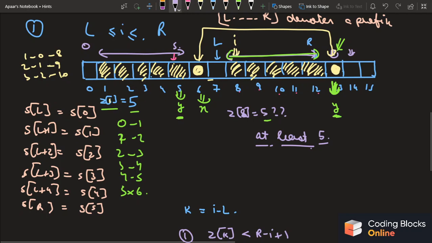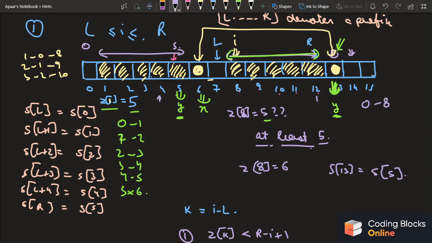How can it be 6? z of 8 can be 6 when s of 13 equals s of 5, right? So what will happen is that 12 matched with 4, 8 matched with 0, and 1 matched with 9, 2 matched with 10, 3 matched with 11, 4 matched with 12, right?